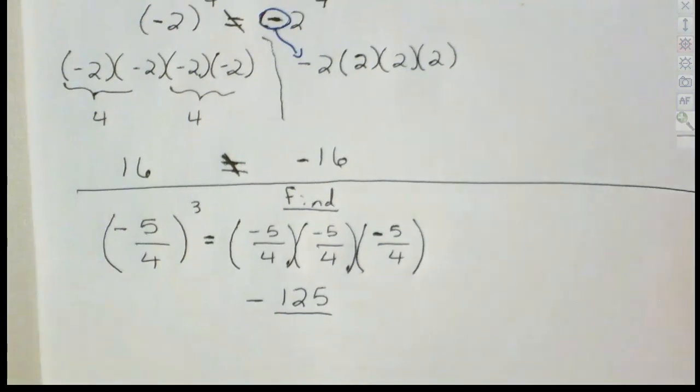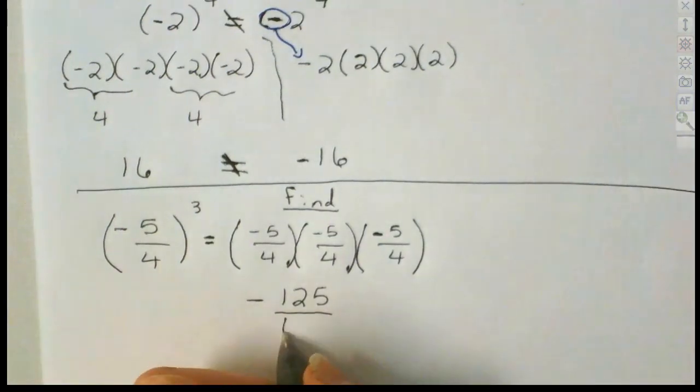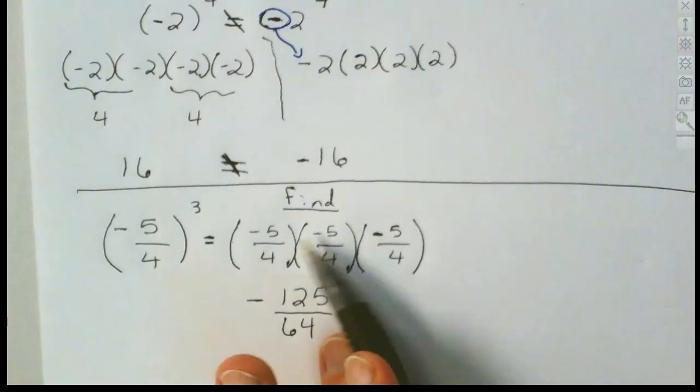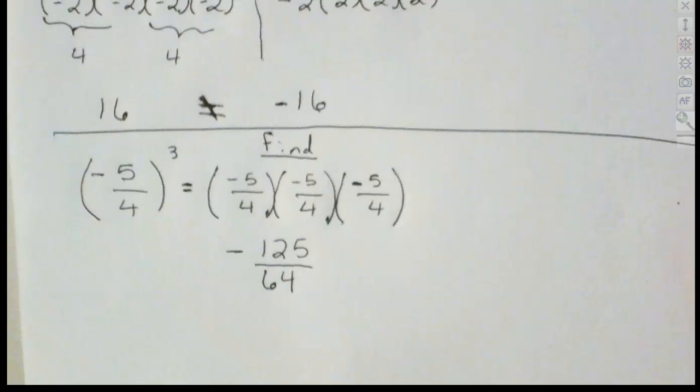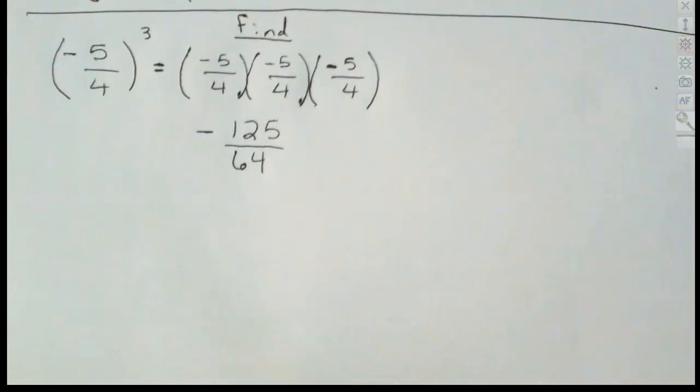So that's going to come out to be 125 over 64, right? And 3 negatives makes it stay negative. So that's how we work with the fractions: you write them out and work with them.